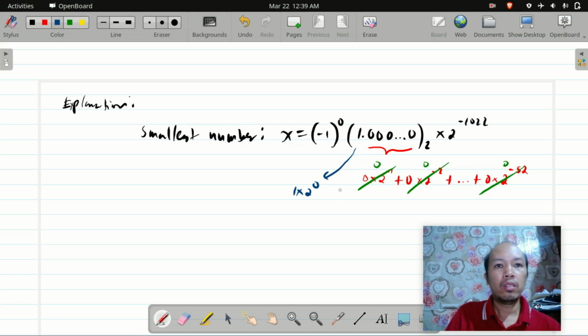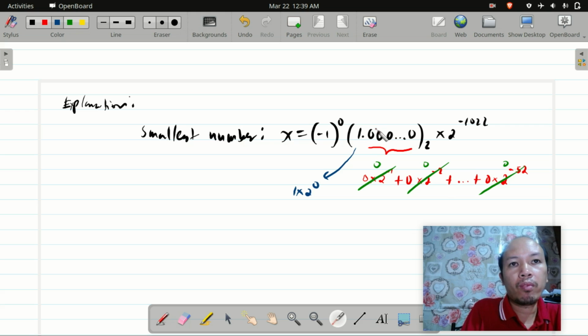So why is that? The exponent in the fractional part will start at k equal to 1, while in the integral part it will start at k equal to 0.